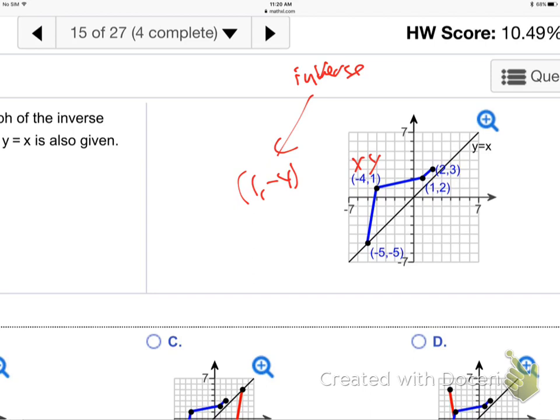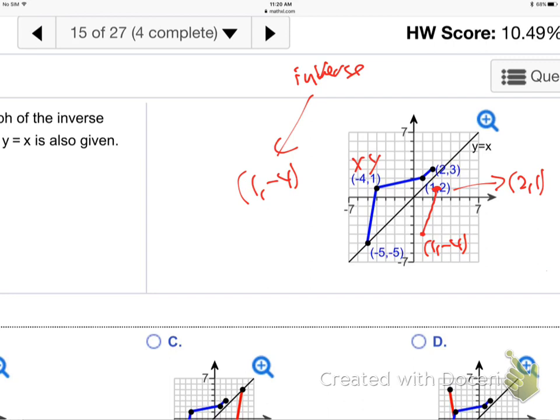So let's switch those and find that point. Where's the point? Over 1, down 4. It's right here. You with me? Now, let's take (1, 2) and invert that. That'd be (2, 1). Over 2, up 1. It's right there. Let me connect those dots.